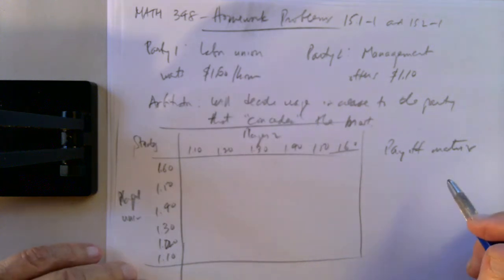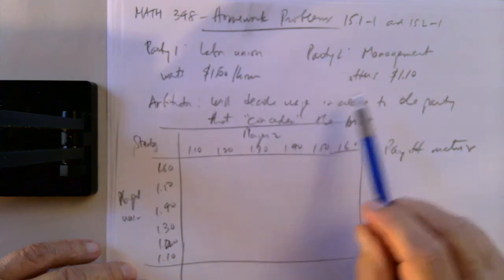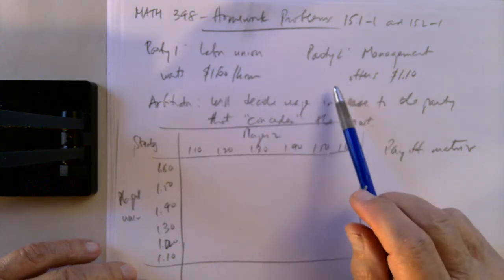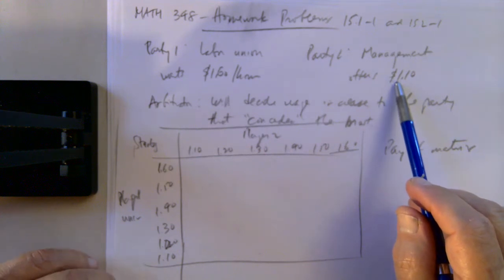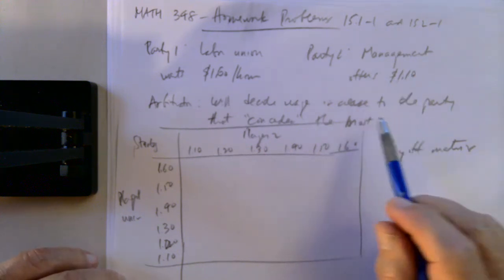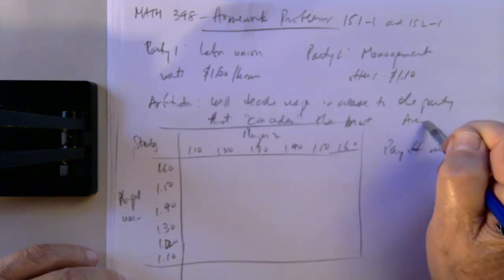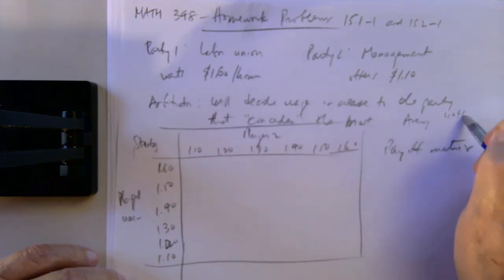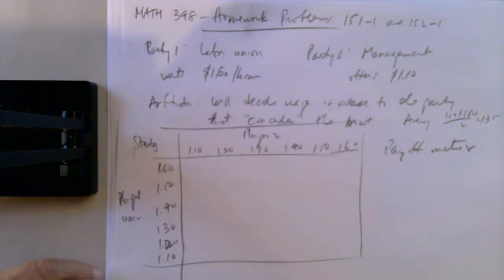And in the case of a tie, when the union has conceded as much and management has conceded exactly the same amount, then the arbitrator will give the average, $1.10 plus $1.60 over 2 is $1.35.